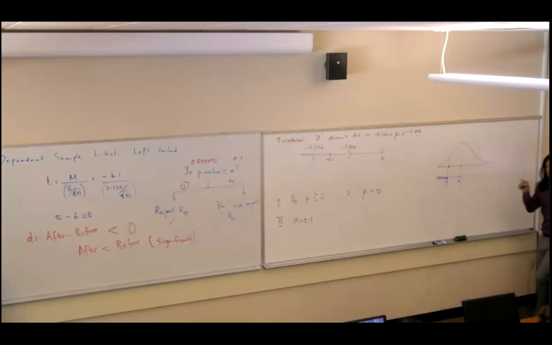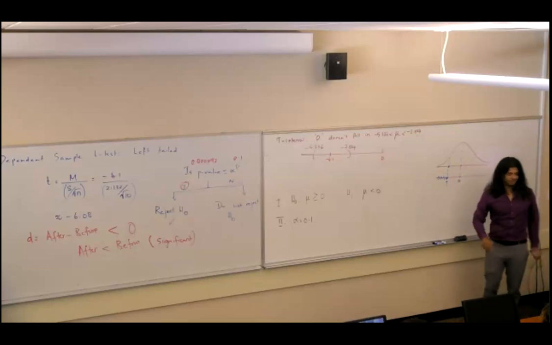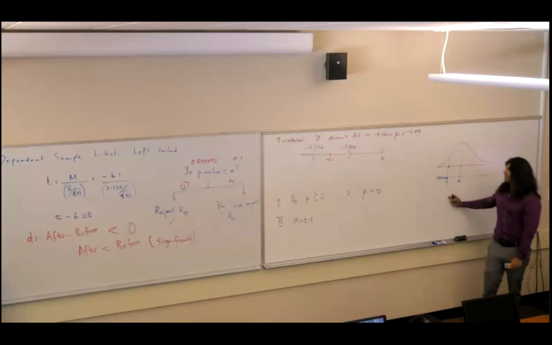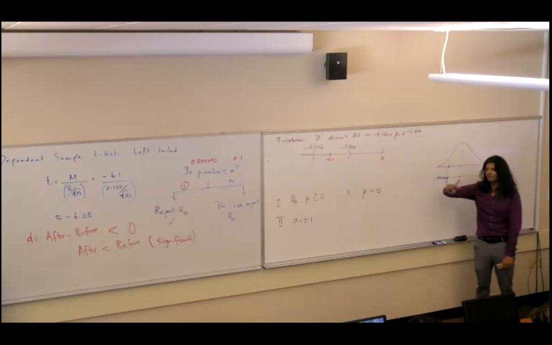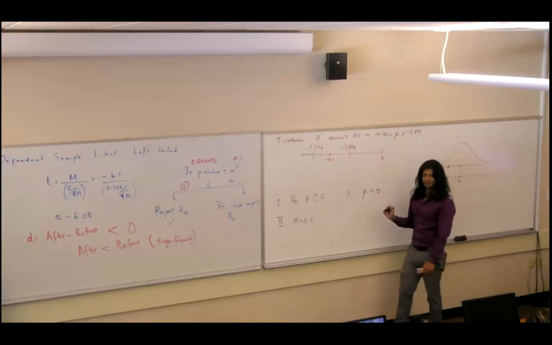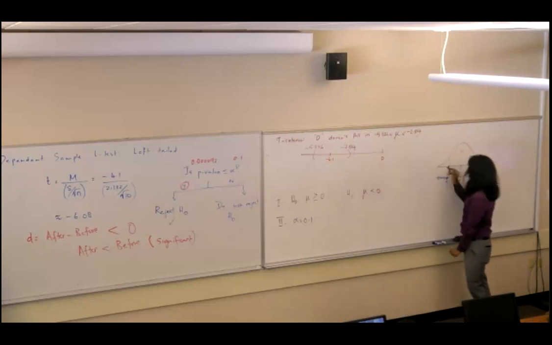What do you do if you don't have inverse T? You use the table. I usually give that to you, and even if I forget, you can come up here and use it. So use inverse T. What should you plug in? Is it 0.1 or is it 0.05? In other words, should I put 0.1 as is or divide it by 2 and put 0.05? 0.1. Why should I not divide it? Because it's not a two-tailed test.